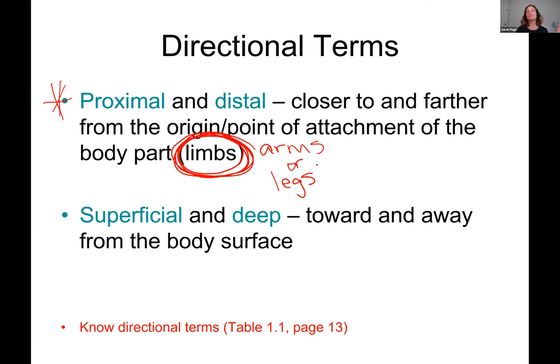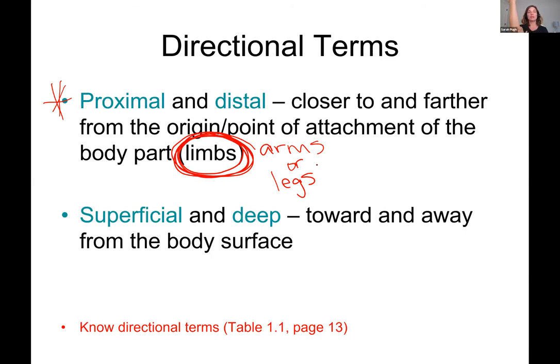So what's the point of attachment, right? If you're looking at your arms, the point of attachment is going to be the shoulders. So let's use these terms first on the arms. Proximal means it's closer to the shoulder. Distal means it's farther from the shoulder. I could say the elbow is proximal to the wrist, right?